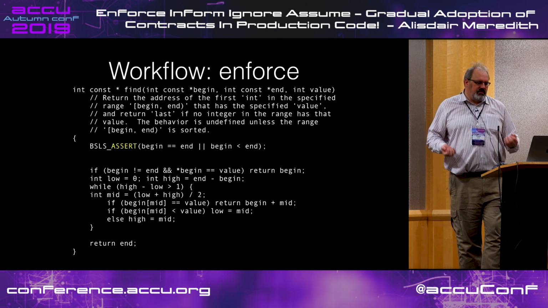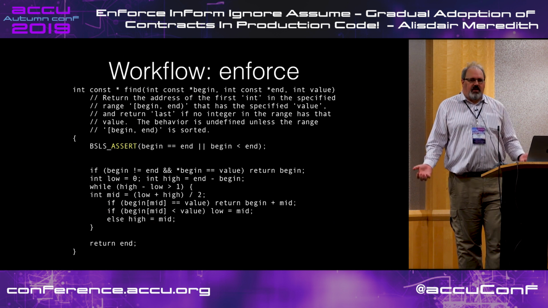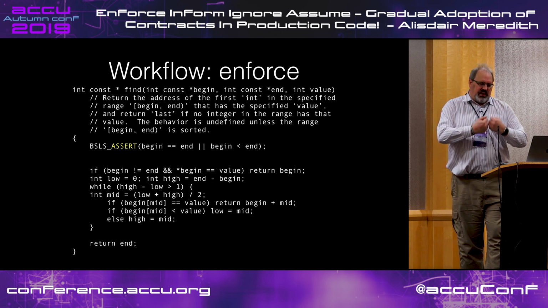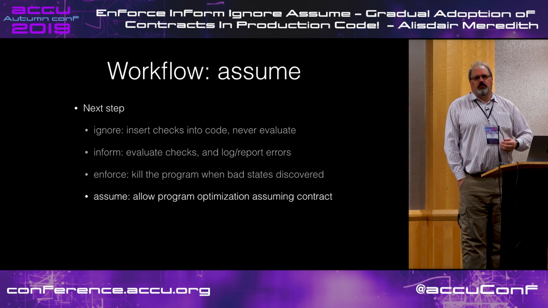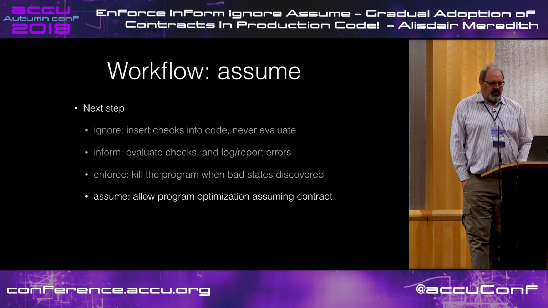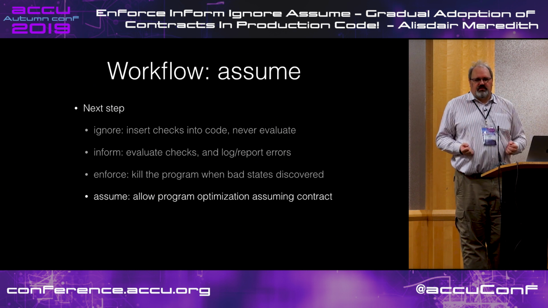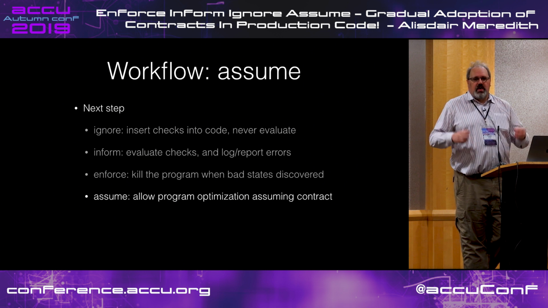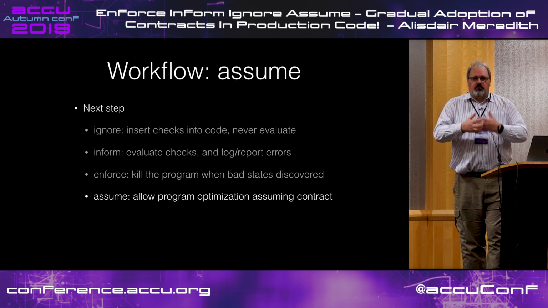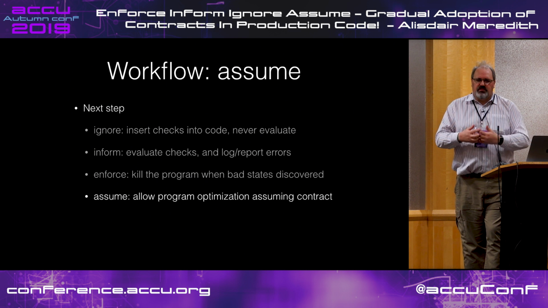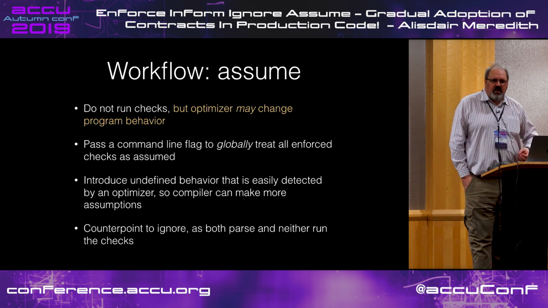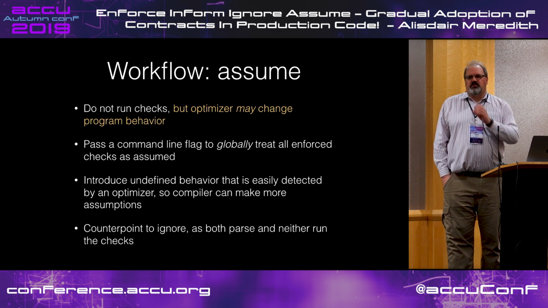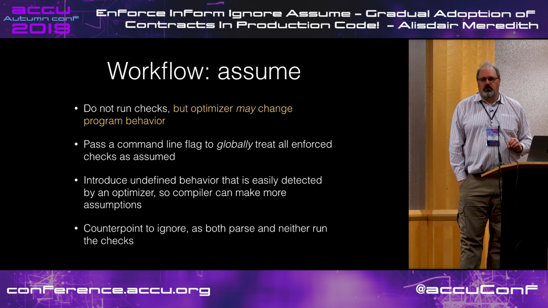I'm happy that this is all working as intended, and I really want to eke out that last bit of performance from my system. Well, that's when we can switch to assume. All those tests that I was asserting on before, I don't need to test them anymore. I'm going to take them as a hint that they are always true and pass that hint to the compiler, so the optimizer can reason about these predicates being true.